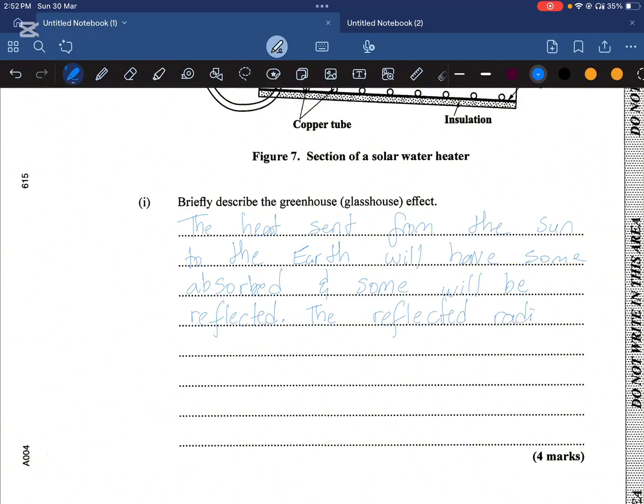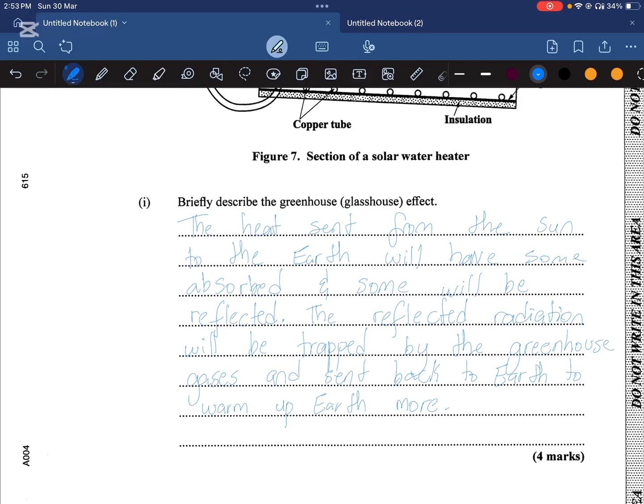The reflected radiation will be trapped by the greenhouse gases and sent back to Earth to warm up Earth more.